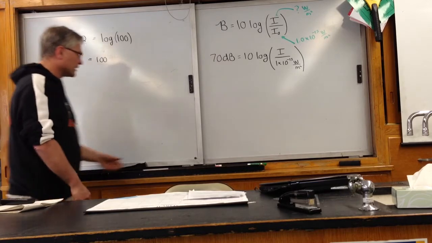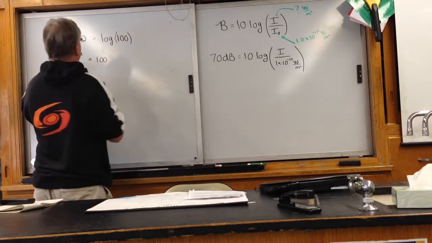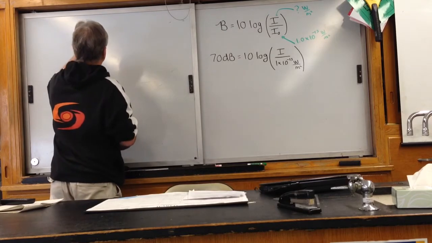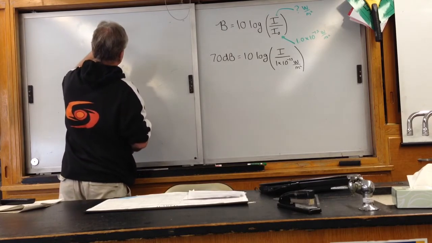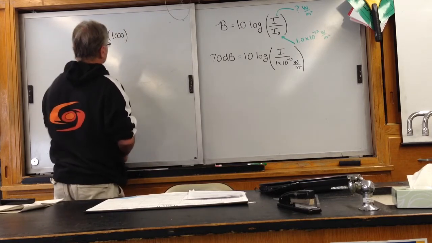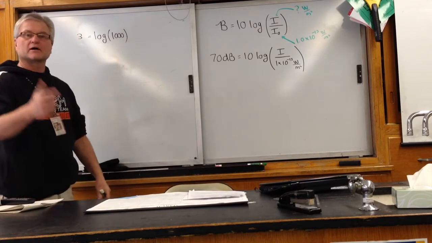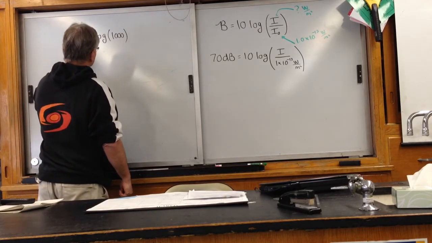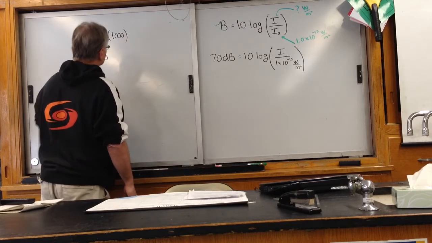Now let's try something else, say log of 1,000. I put it in my calculator and I end up with a 3. How did I get a 3 out of it? Oh, it's the exponent. 10 to the third is equal to the number that comes after the log.